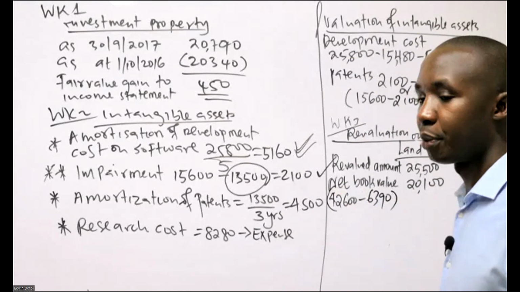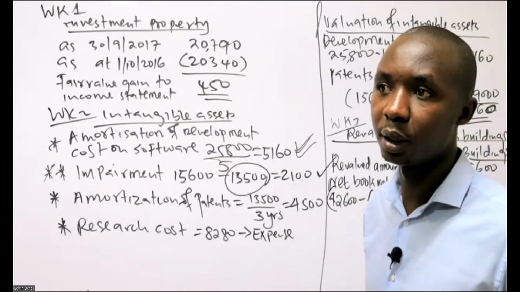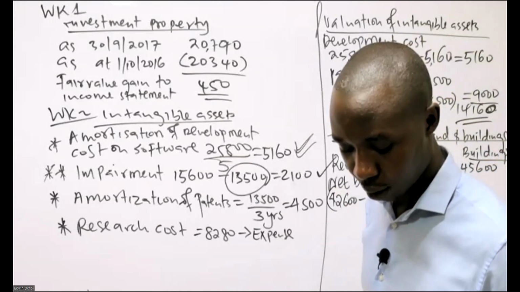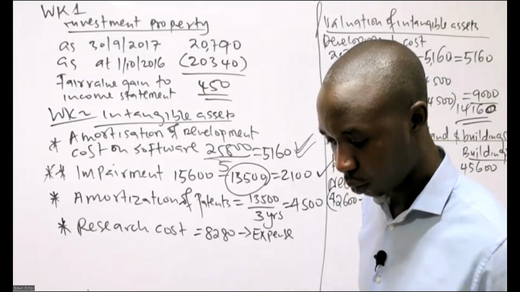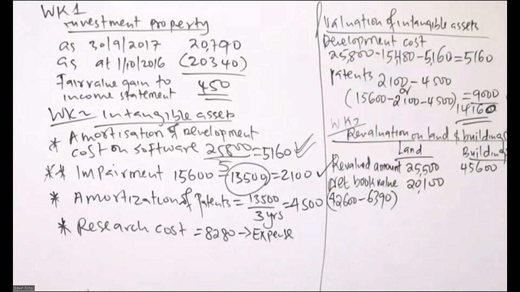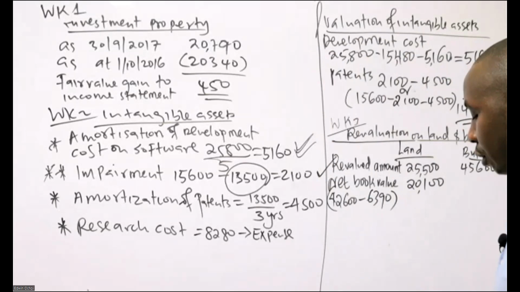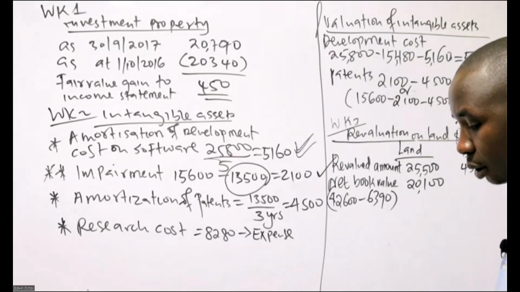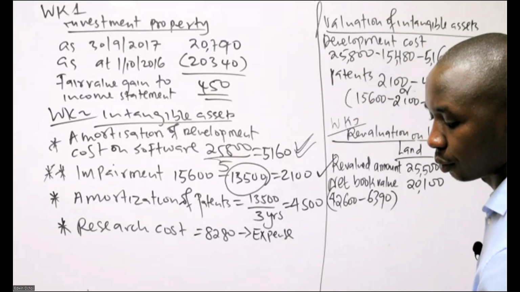Remember that the depreciation for the year has already been provided for, so we don't have to deduct again. So 42,600 minus 6,390 is 36,210.